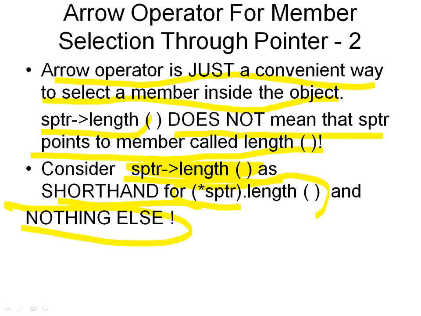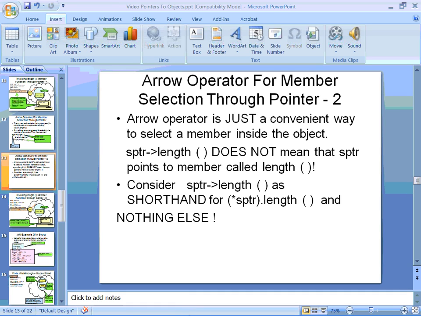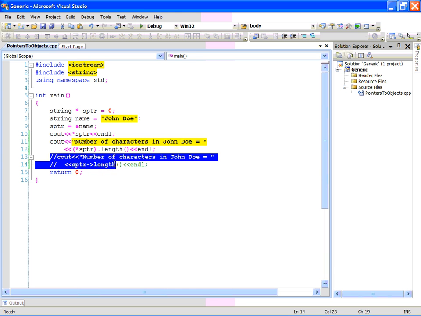So I can use this arrow operator also for member selection, and let me show you an example of that. Let's go back to Visual Studio again. Let me comment out the second portion here and compile it again. Compiling is a little slow when I make these movies because the movie making process takes a lot of RAM.